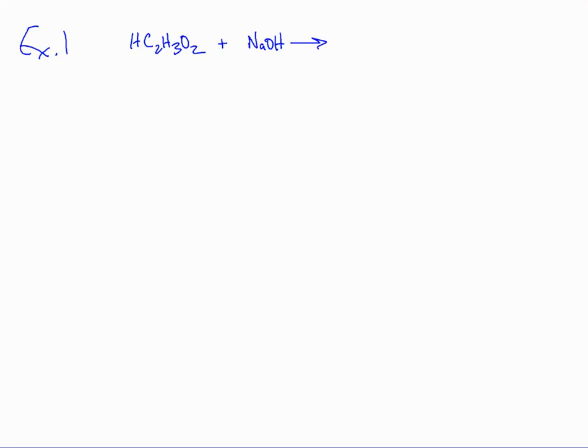I've mentioned this before. AP likes to try to confuse you. And if they were going to give you the formula of acetic acid, remember it looks kind of like a base instead of an acid, just because of the way they write it. They call it CH3COOH.